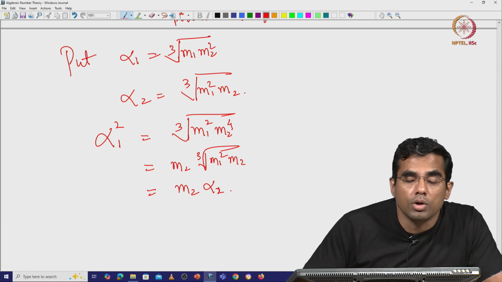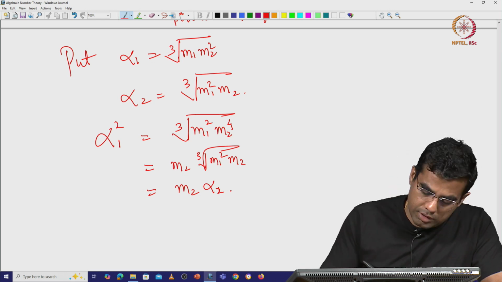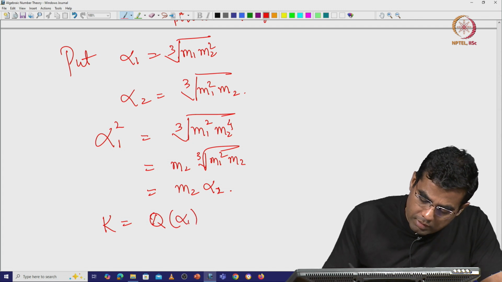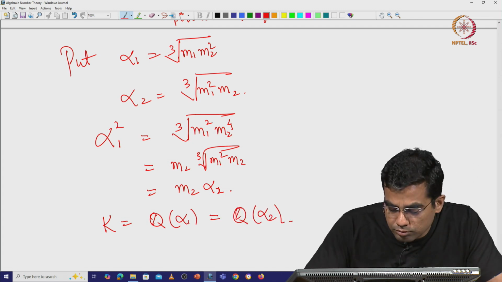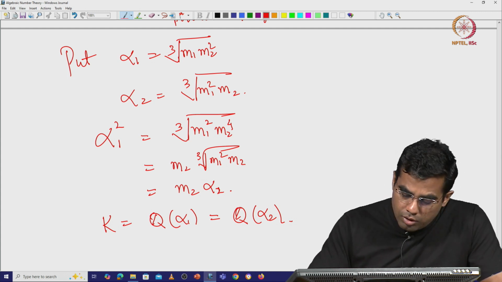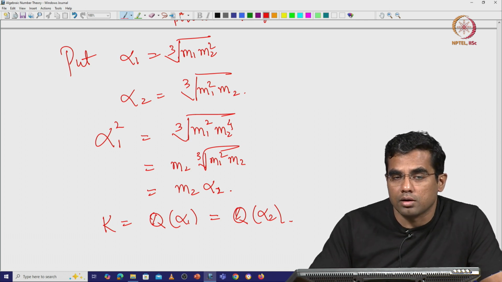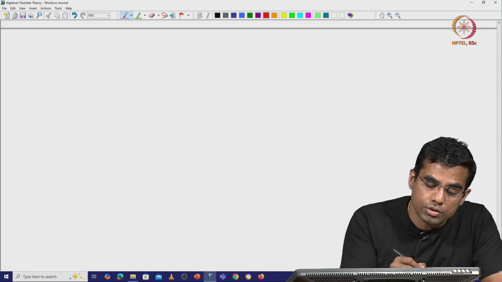So alpha 1 and alpha 2 generate the same number field. So K is Q of alpha 1, or the same as Q of alpha 2, because again if I take alpha 2 squared, I get M1 times alpha 1. So there are these two nice elements in our field that each generate the field on its own.